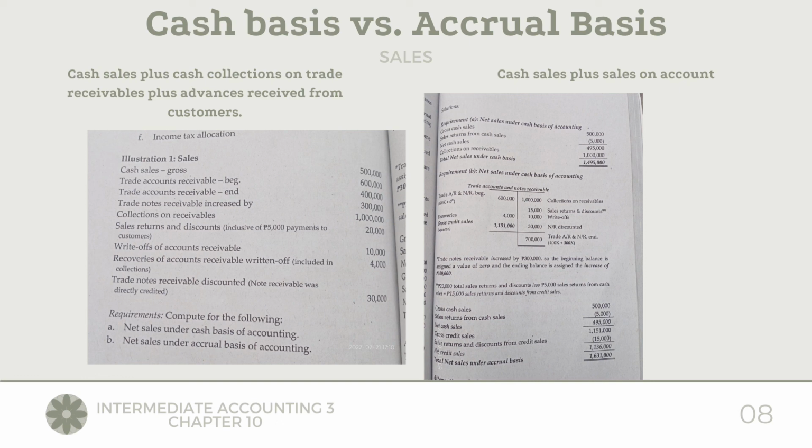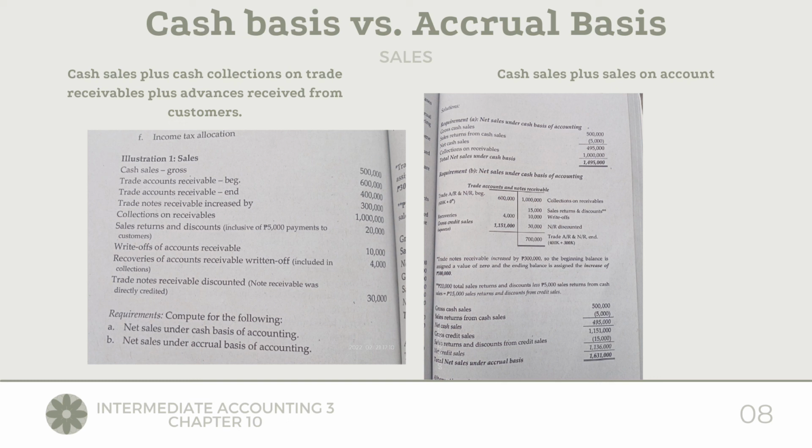To compute for the net cash sales, subtract the two, which is equal to 495,000. Add the collection on receivables of 1 million, and we will get the total net sales under cash basis of 1,495,000.